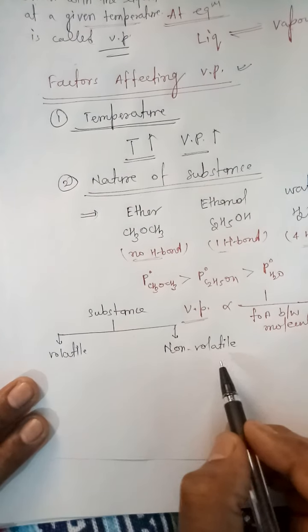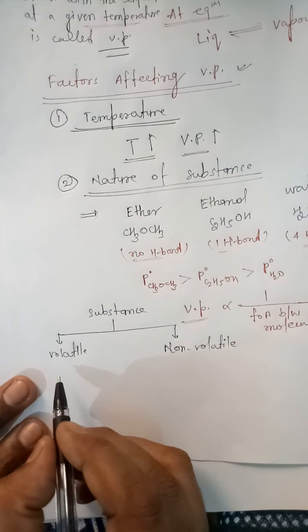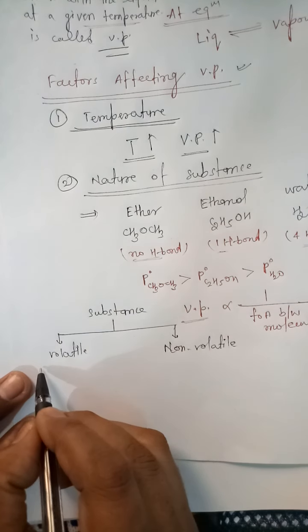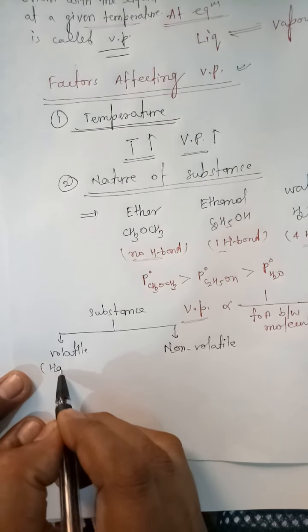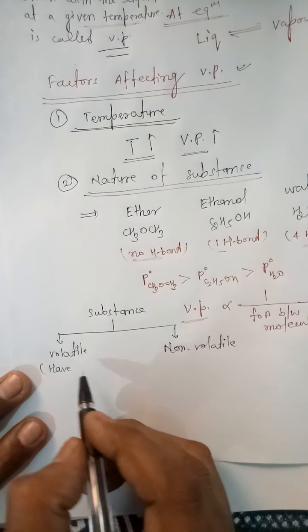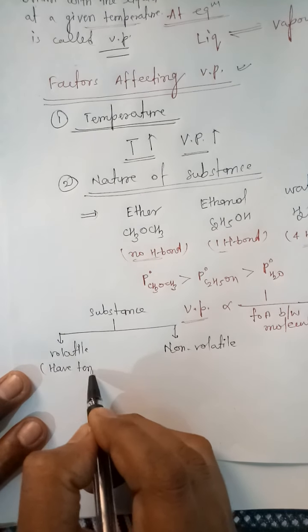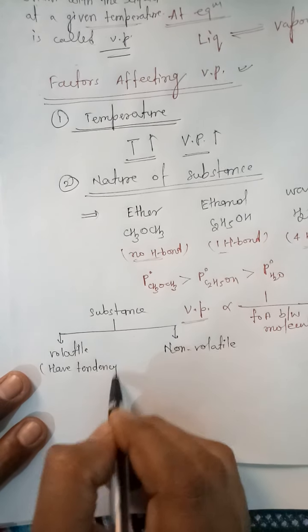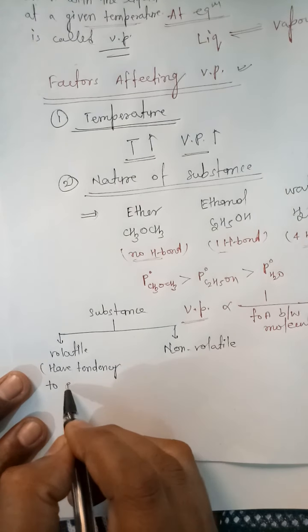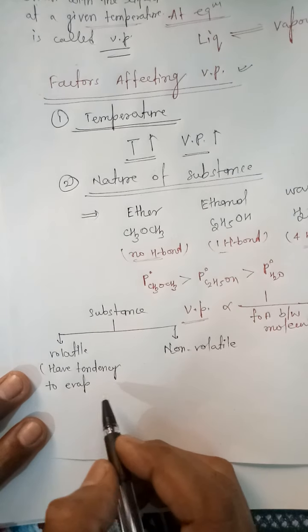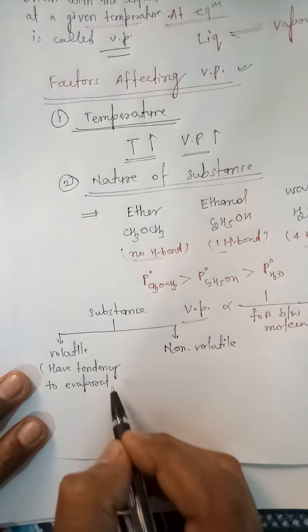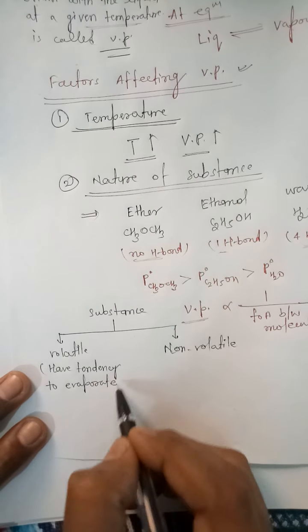Volatile and non-volatile. Those liquids which have a tendency to evaporate, that means they come into the vapor, are called volatile substances.